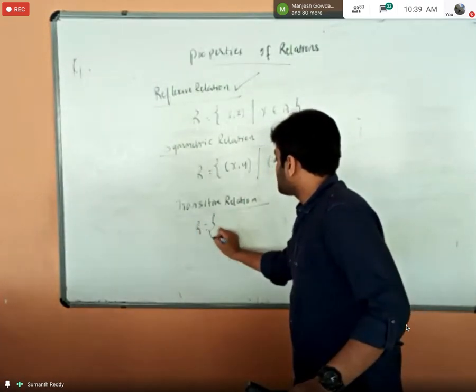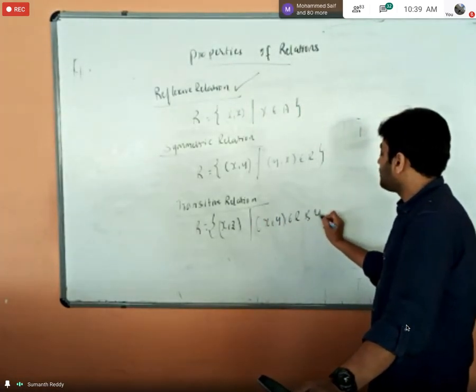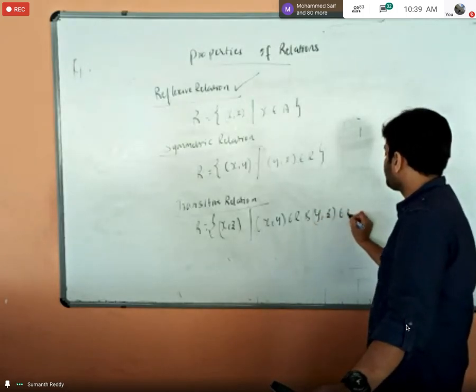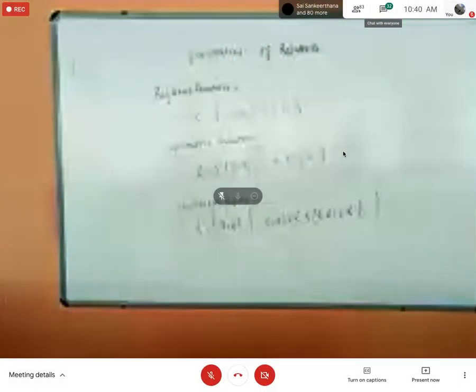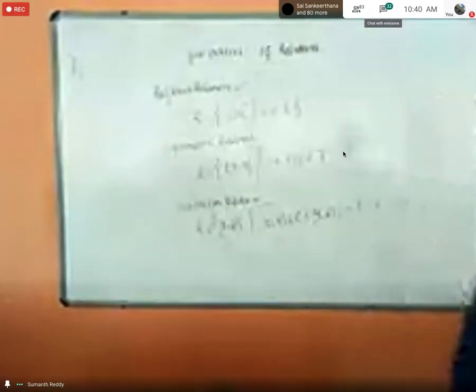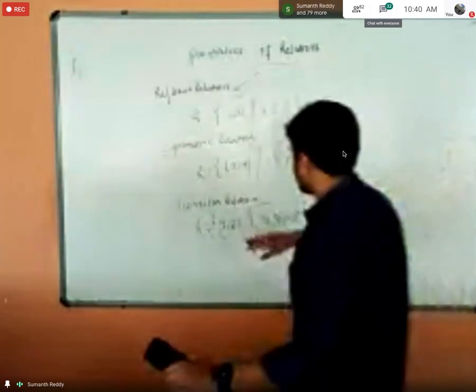The general definition is (x, z) is in R such that (x, y) belongs to R and (y, z) belongs to R. That is about the transitive relation.